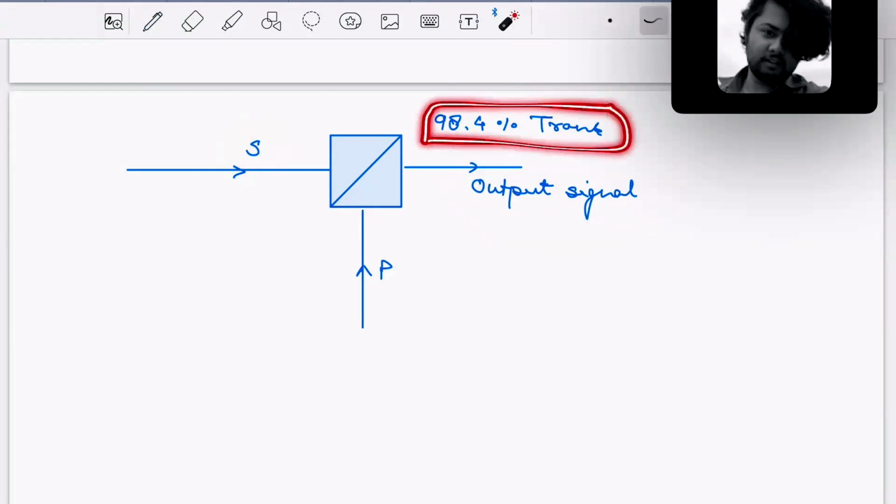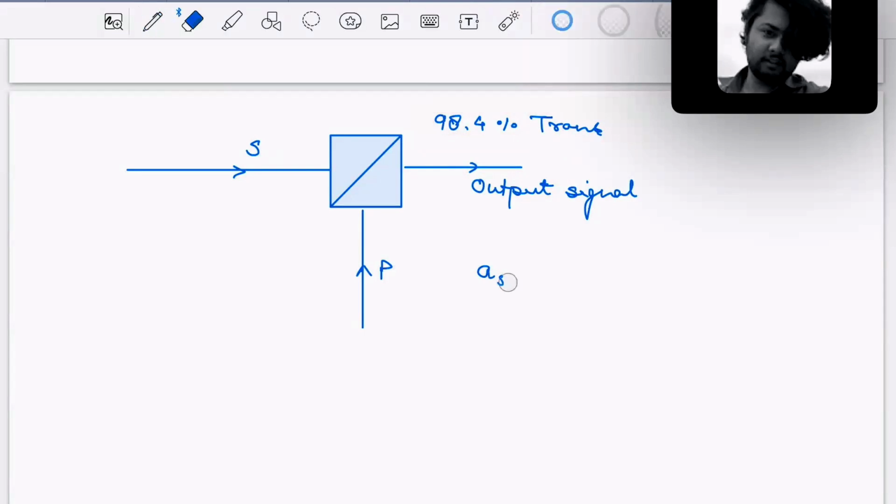Because of its transmittivity, from the simple beam splitter matrix, we can arrive at this equation at the end.